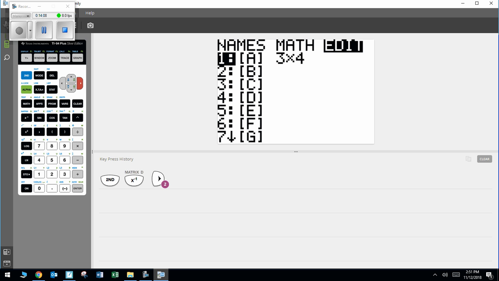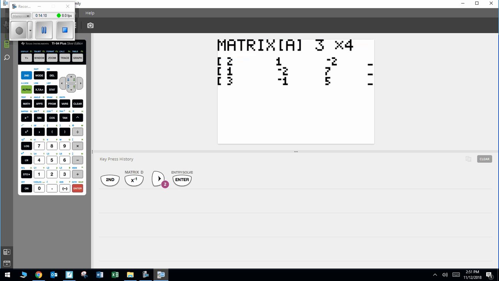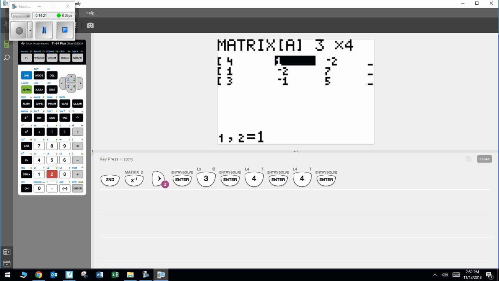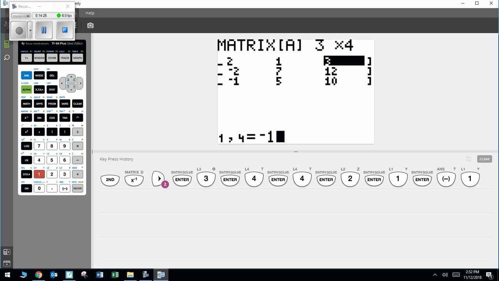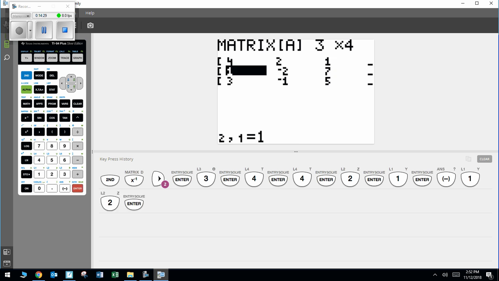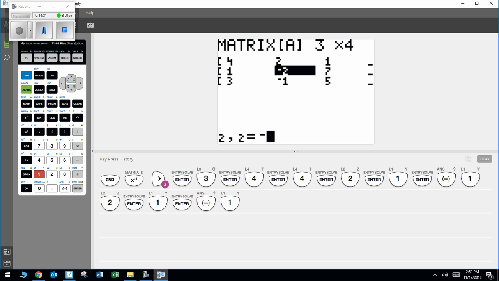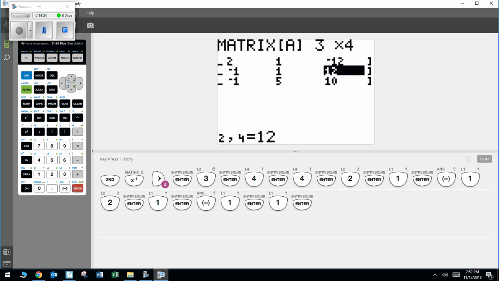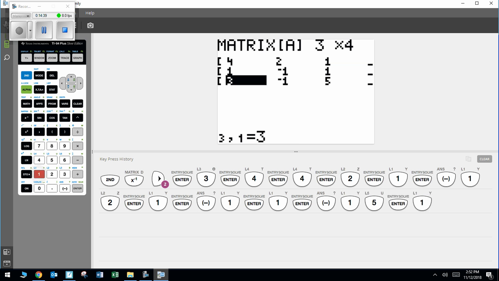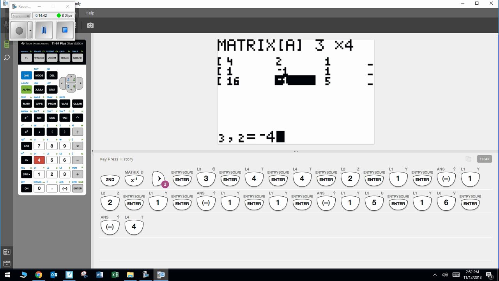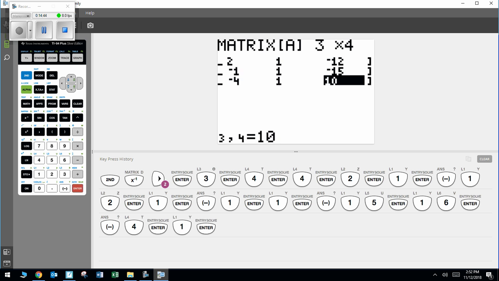Going over to edit the matrix, we want to put in a 3 by 4 matrix, and the entries are 4, 2, 1, -12, 1, -1, 1, -15, 16, -4, 1, -90.